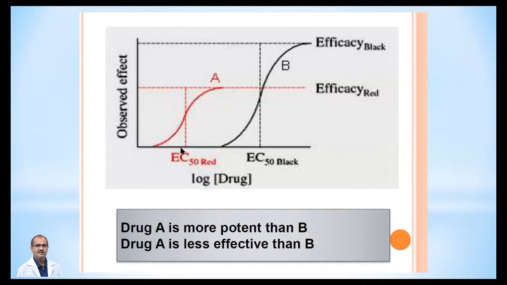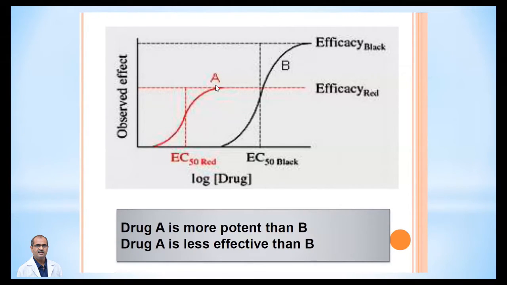So here the threshold is different for different drugs. The efficacy of drug A is very less, whereas the efficacy of drug B is more. That's why we can say that drug A is less effective than drug B, whereas drug A is more potent.